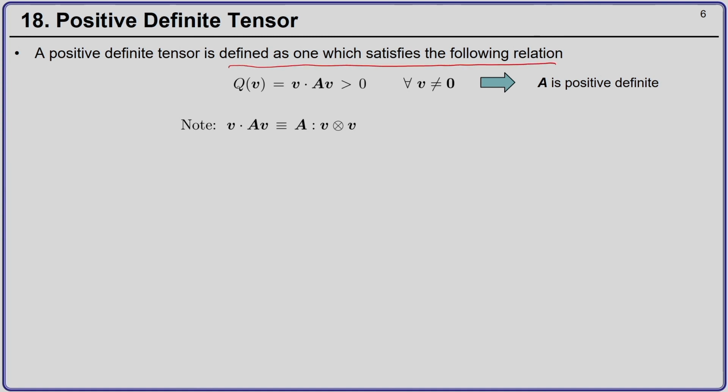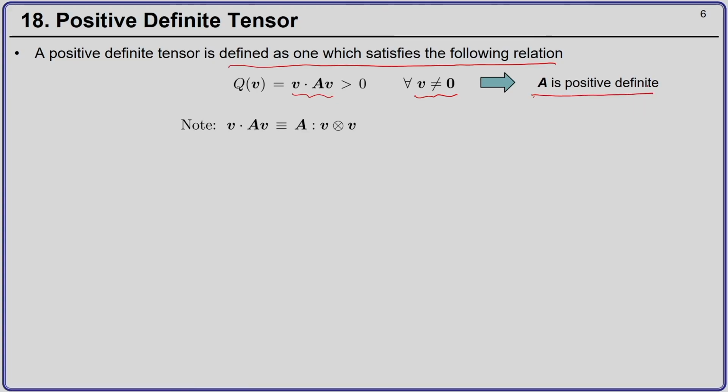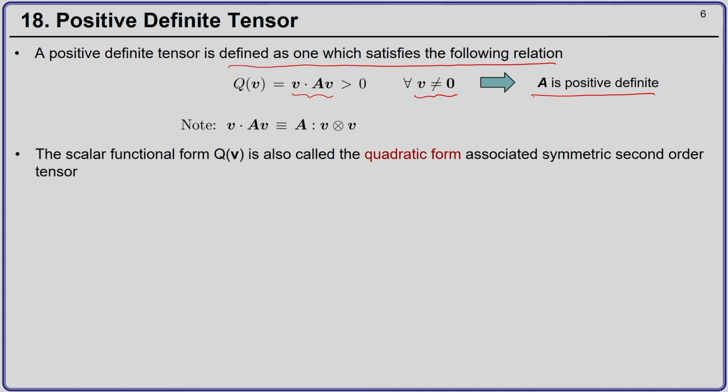You are given a tensor A, and for any given vector V which is not equal to the 0 vector, if V dot A V is greater than 0, then that tensor A will be called a positive definite tensor. This quantity Q V is also called the quadratic form associated with the symmetric second order tensor A.